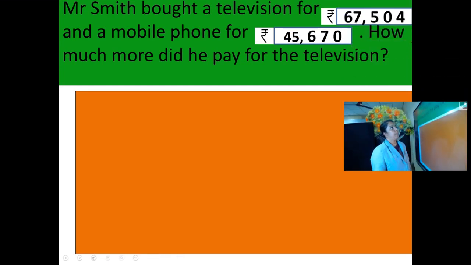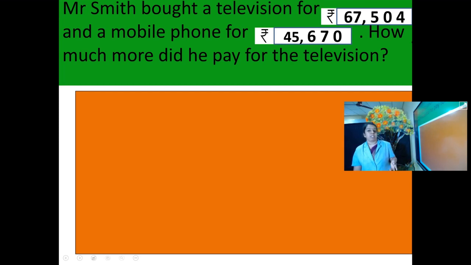Here is the next question. Mr. Smith bought a television for rupees 67,504 and a mobile phone for rupees 45,670. How much more did he pay for the television?